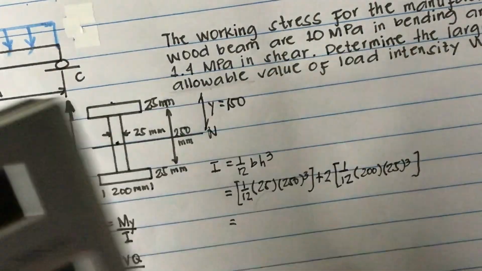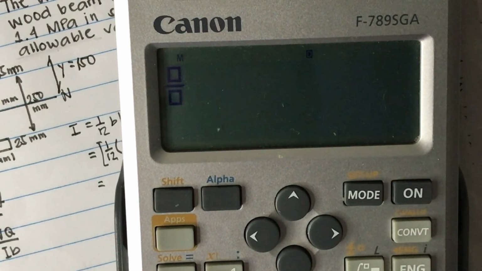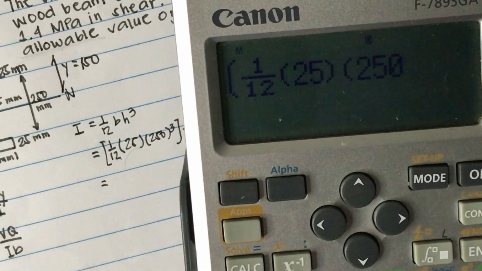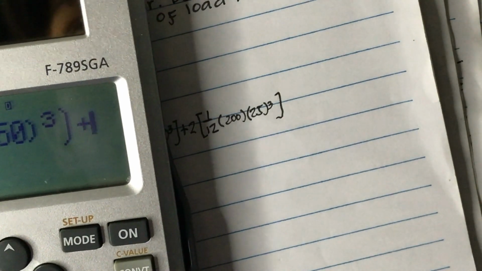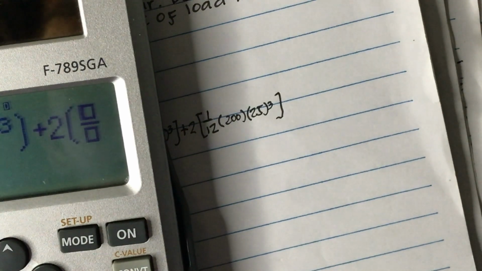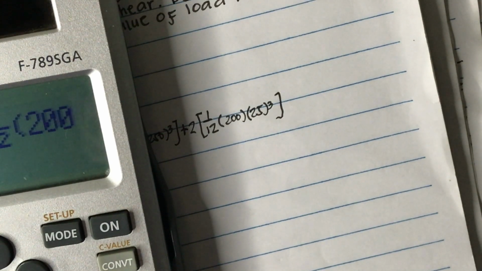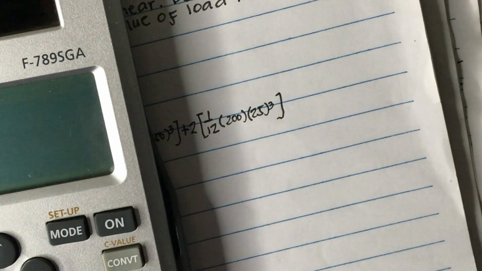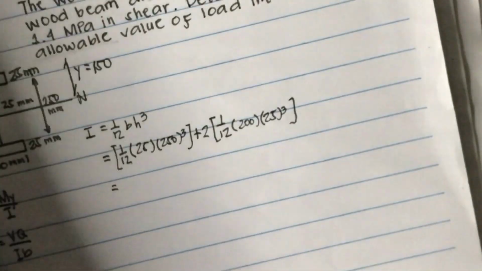So let's compute. 1/12 times 25 times 250 cube plus 2 times 1/12 times 200 times 25 cube equals, we will have a value of 33,072,916.67.